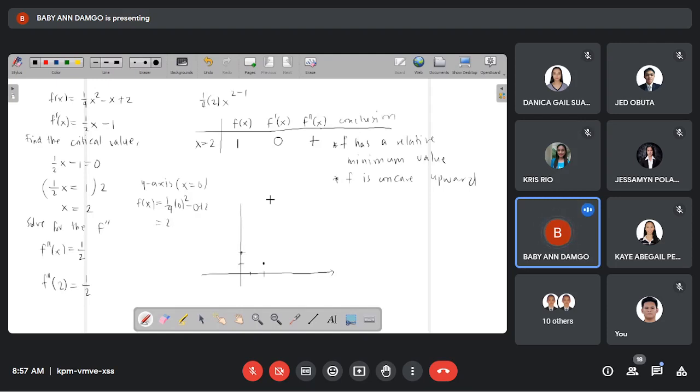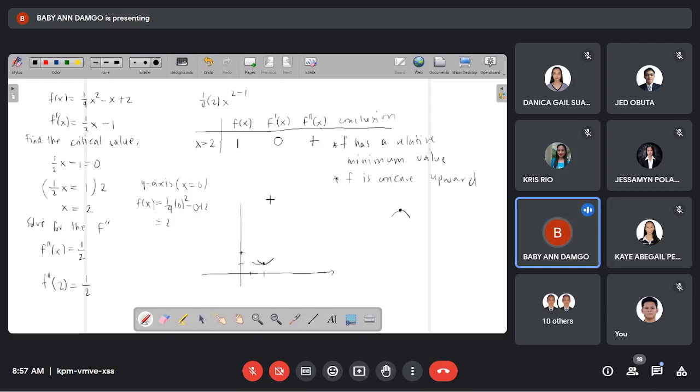Okay. So since the graph is concave upward, meaning it opens plus. Okay? If downward, if the relative minimum or maximum is here, then it opens downward. Okay, so we will now graph it.